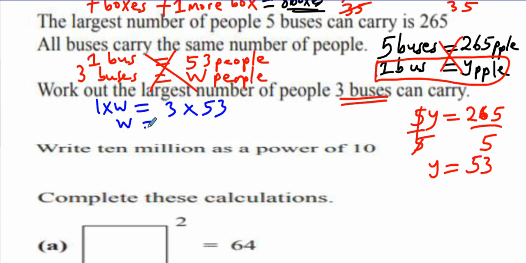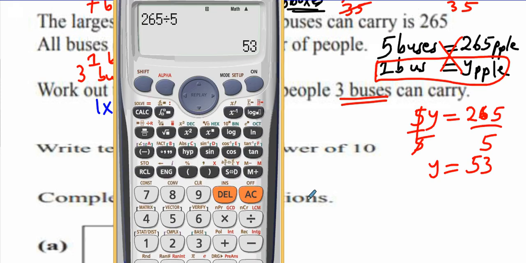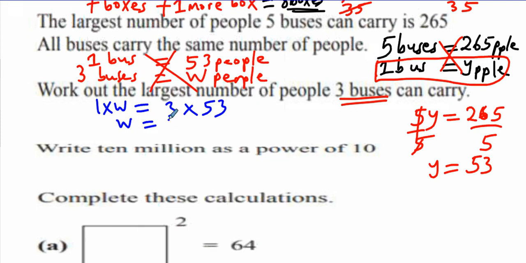So W equals 3 times 53. What do you get? It's 159. So it means 3 buses can carry 159 people.